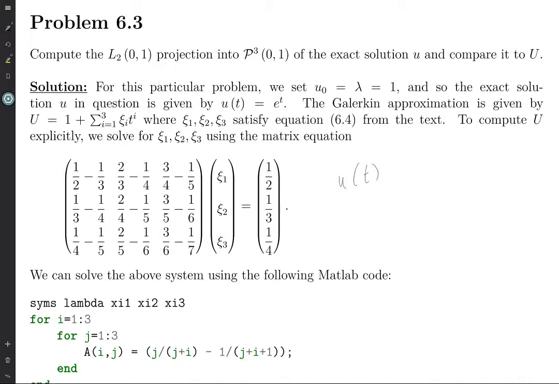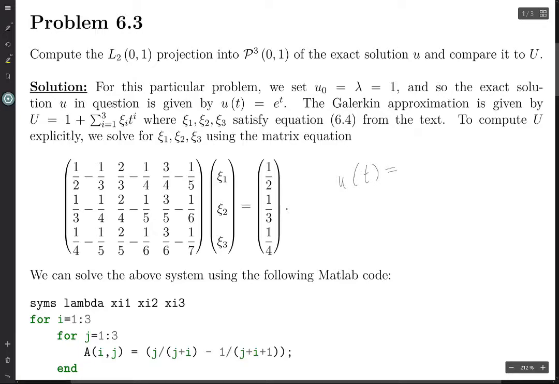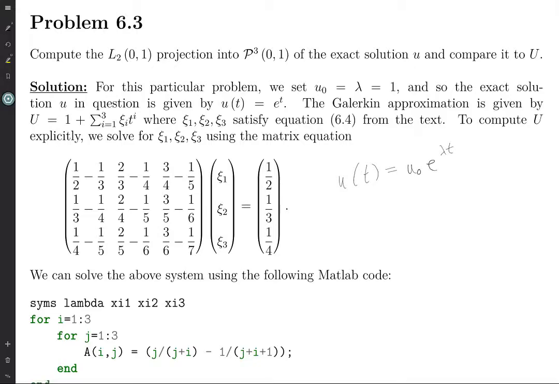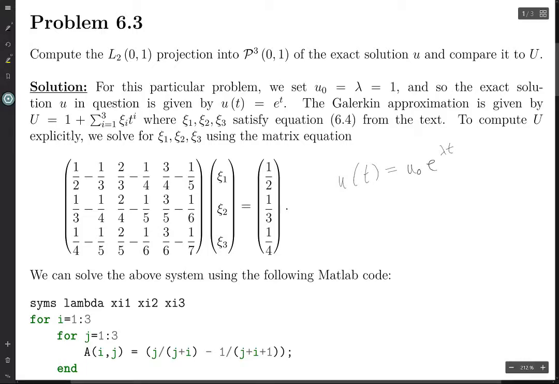I think L2 is what you need, but there's a particular problem at the beginning that we're using as an example, whose exact solution is given by u0 e to the lambda t. The problem is a function whose derivative is equal to itself times some constant lambda, and which is equal to a constant u0 at the point x equals 0. And so, of course, this is a solution to that.